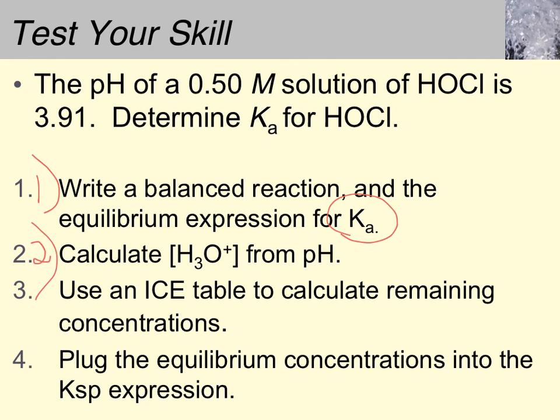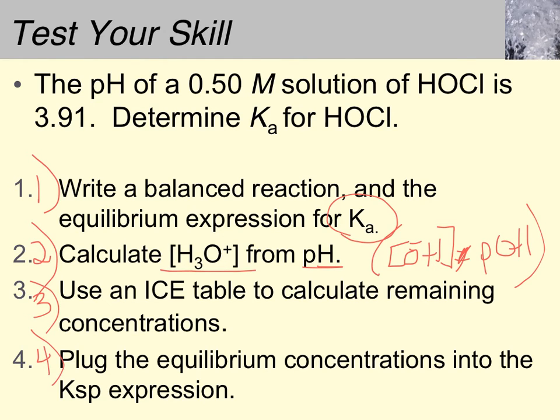The next thing you want to do is calculate the hydrogen ion concentration from the pH, or the hydroxide ion concentration if you're given pOH. Then typically you would need to use an ICE table, and then finally plug the equilibrium concentrations of all the substances back into the Ka expression.